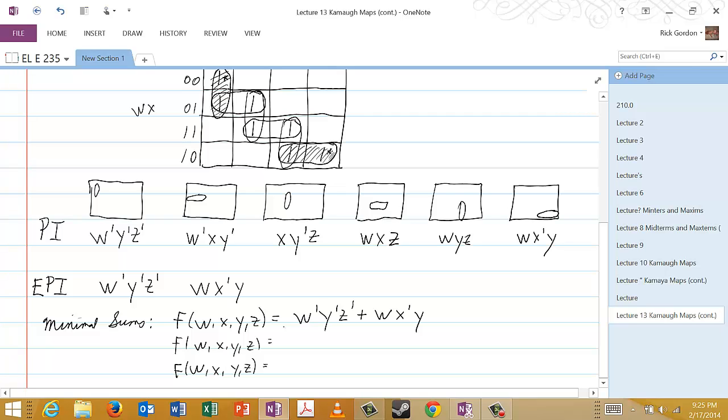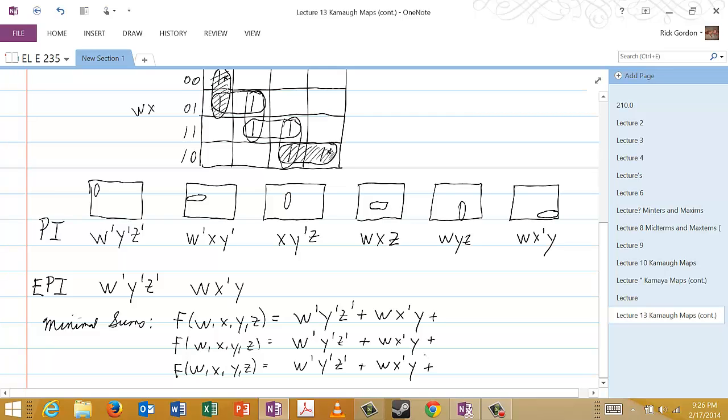Now, before I finish that first expression, remember, every single minimal sum expression must contain the essential prime implicants. So I'll go ahead and write down W prime, Y prime, Z prime, or W X prime Y here, and W prime, Y prime, Z prime, or W X prime Y there.